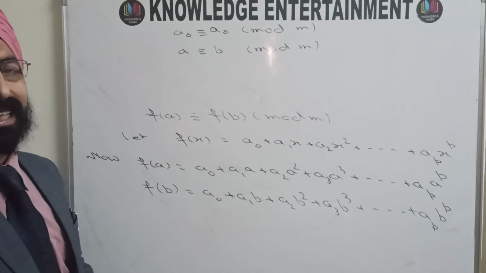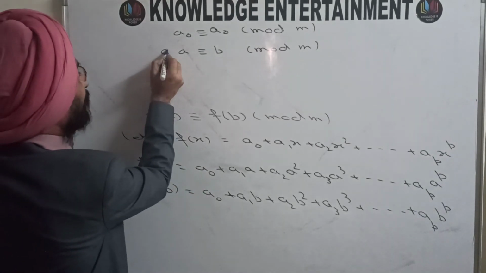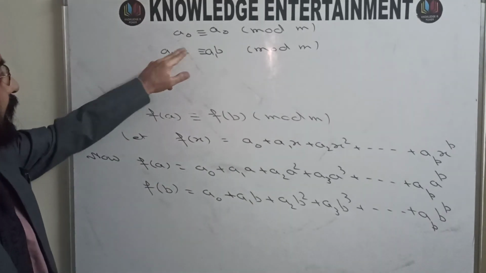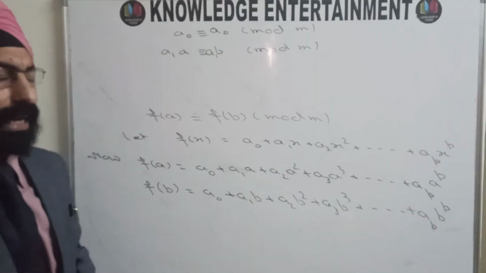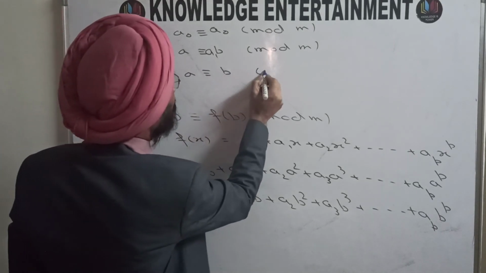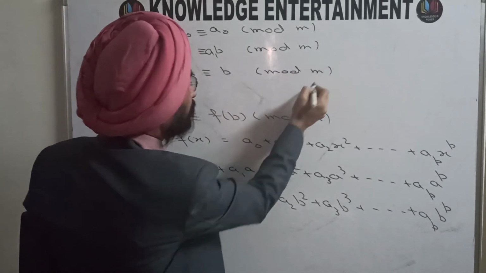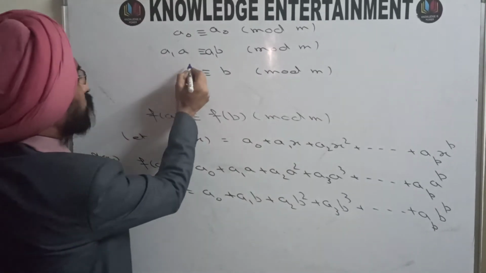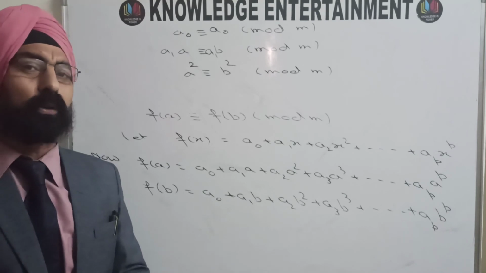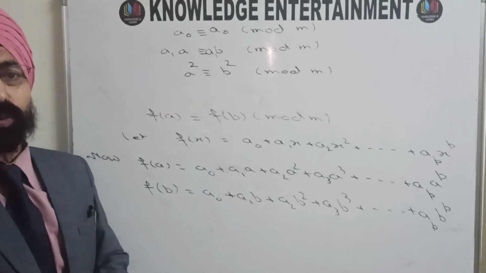So C I'm going to take as a1. So that means a1A is congruent to a1B modulo M. So this is your C: AC is congruent to BC modulo M. Once again, A is congruent to B modulo M. So that means A square is congruent to B square modulo M, because A power n is congruent to B power n modulo M, and I am taking here 2.